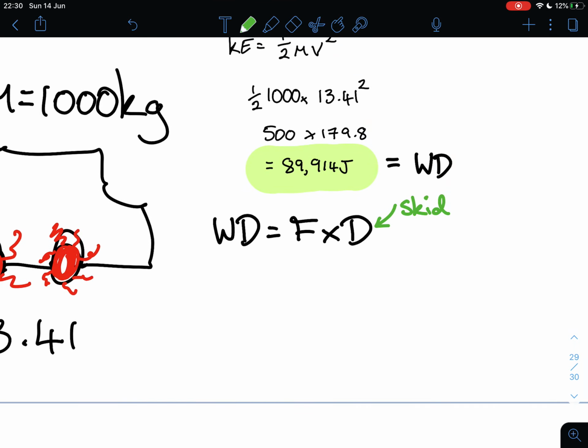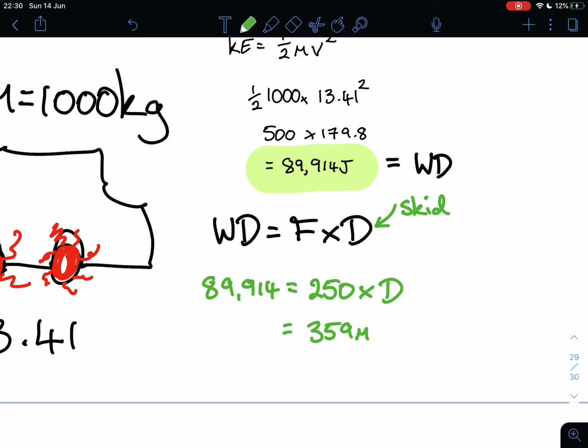So all we've got to do is calculate 89,914 is equal to 250 times D. And I have a feeling my number is going to be ridiculously big. I think I've underestimated my brakes. But let's give it a go. Divided by 250 gives me, a stupid number, 359 meters.